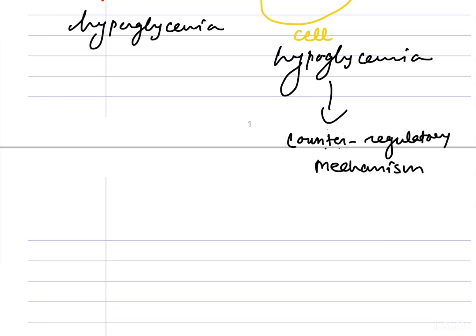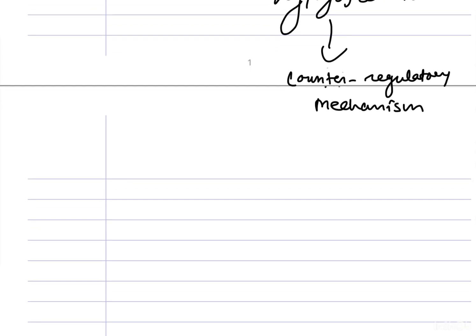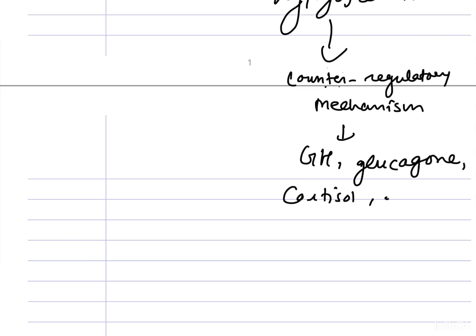The brain will secrete different hormones like GH, glucagon, cortisol, and epinephrine. All these hormones will try to increase the glucose in the body.